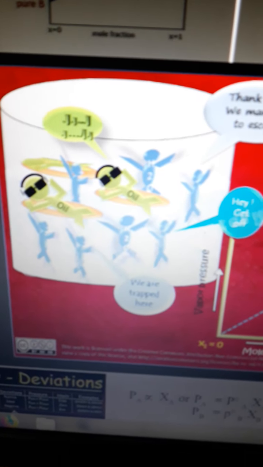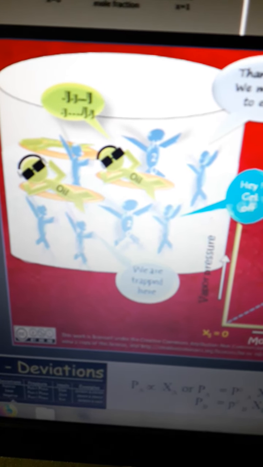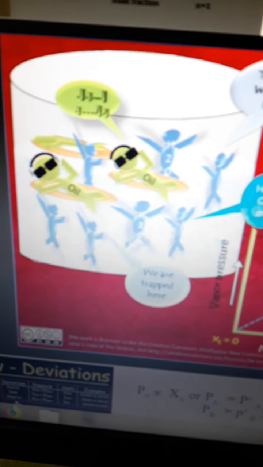In this video, you can see that in the solution, one component is water and another is oil. Oil is non-volatile in nature. As it is non-volatile, it will not contribute to the vapor pressure. It will remain inside and will not contribute to the vapor pressure of the solution.